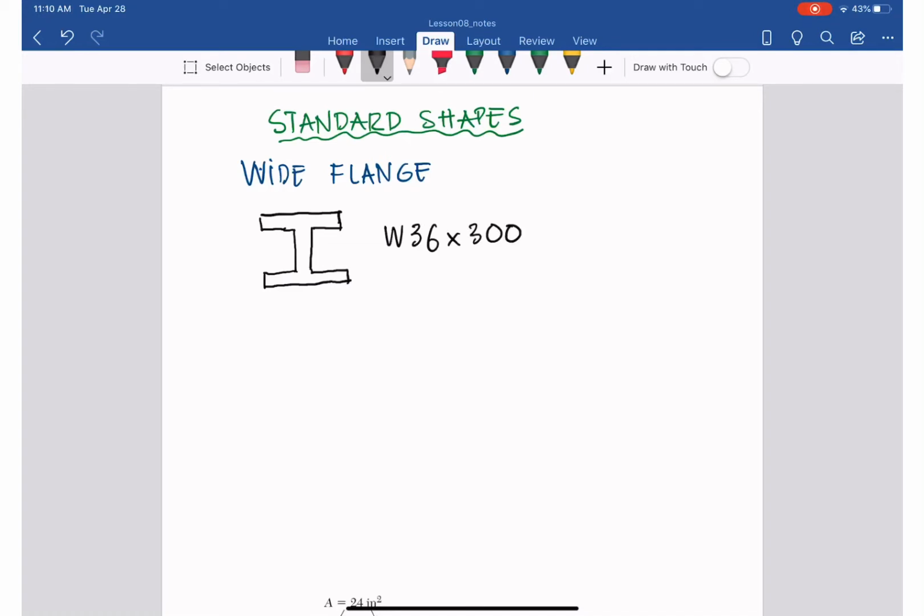The first number that I mentioned in the demo is the depth, and 300 is 300 pounds per foot of the member. That is what it means. W stands for wide flange. The other type of cross section that I also mentioned in the demo is American Standard.